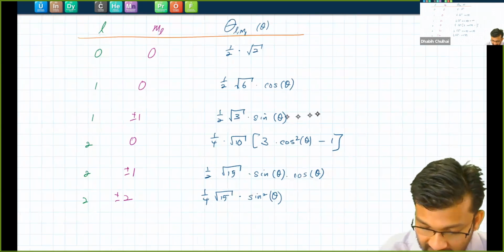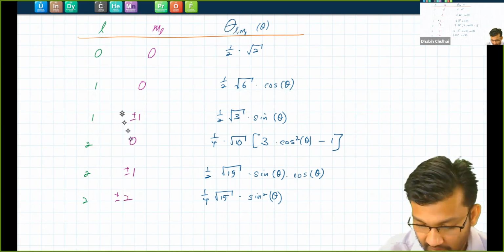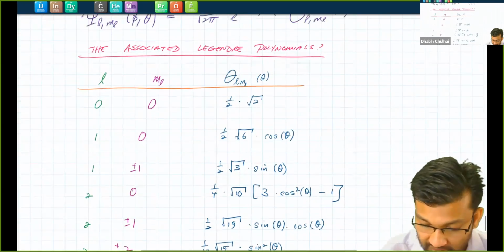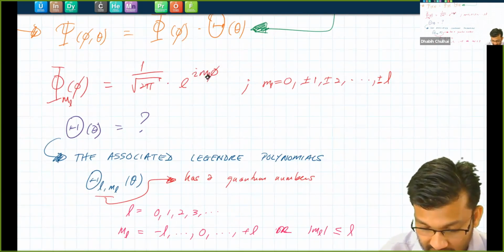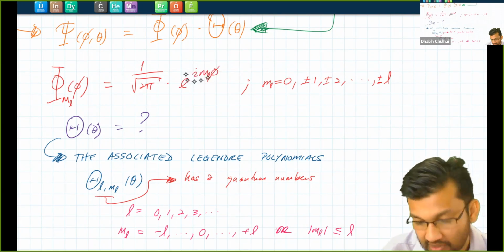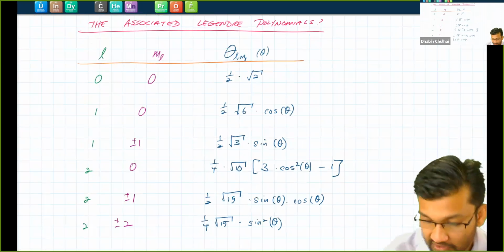Note that in all of the cases for the theta part, the plus and minus of ML doesn't matter. It only matters for the phi part, all the way up here. If the ML is plus or minus 1, this will have a plus or minus sign up here. But those are the associated Legendre polynomials.